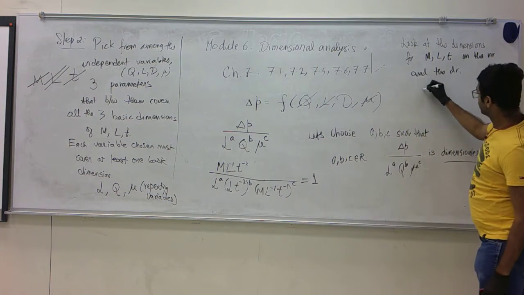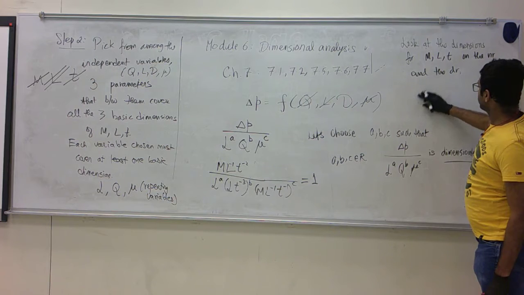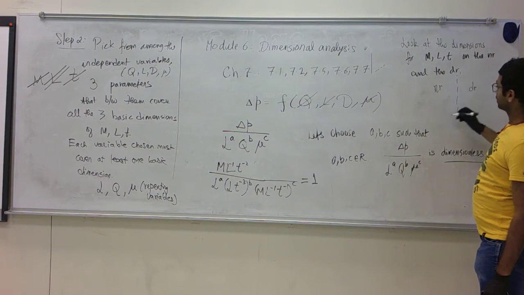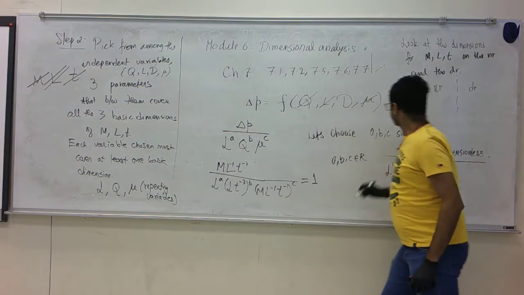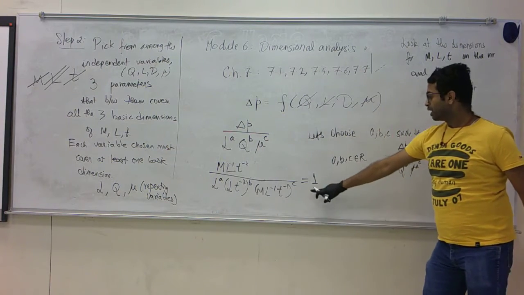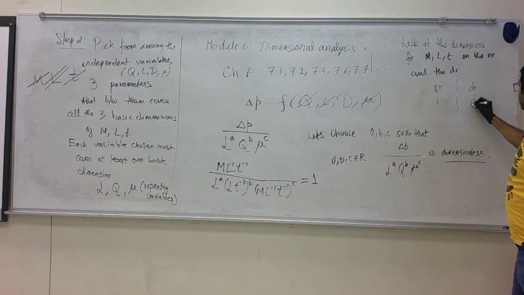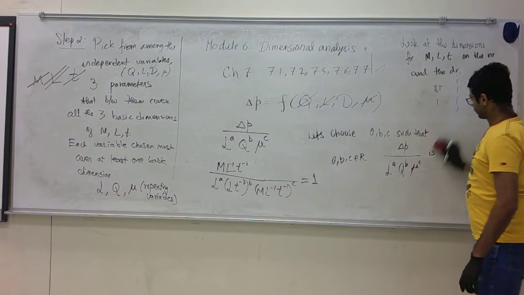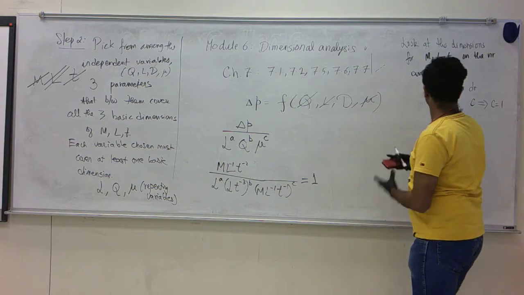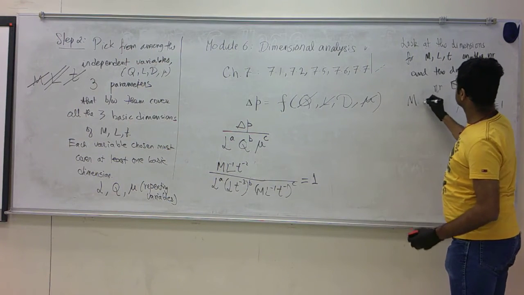M on the numerator is 1, and on the denominator it is equal to C. So obviously that implies C equals 1. Okay, simple. C equals 1. This is by considering mass.